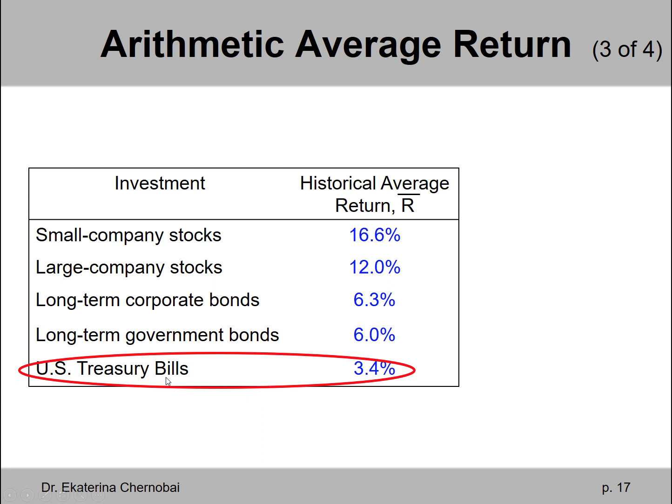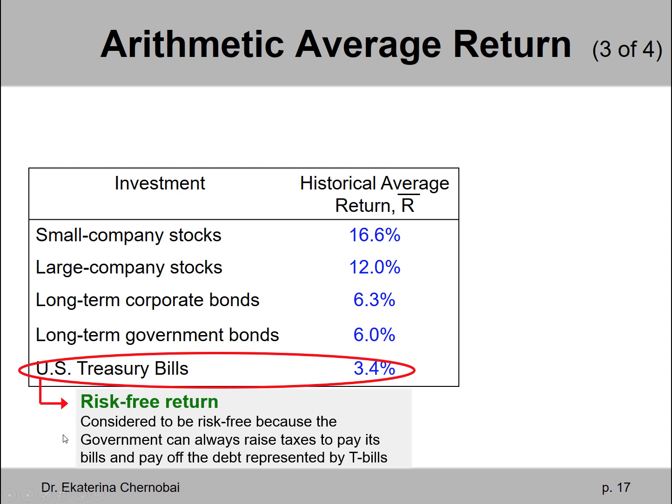Let's talk more about the US Treasury bills, the 3.4% sort of lowest return you could earn on your money invested into financial markets. This is known as the risk-free return. Risk-free means that you invest your money and you're absolutely sure that you're guaranteed that you will get your money back with the interest on top, right?